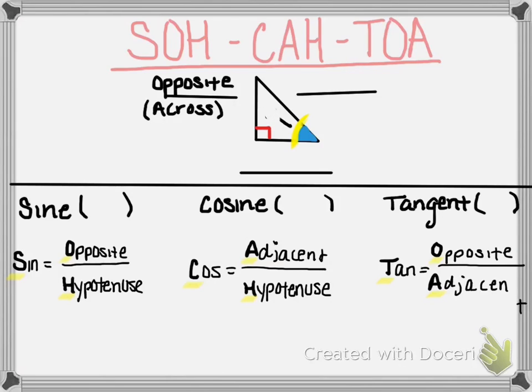Now that I have my opposite side, I can identify my hypotenuse because that's across from that 90-degree box. It's also my longest side, so this guy over here is my hypotenuse. Even though there are no numbers to show that it's the longest side, it does look like the longest side. It's also across from that 90 degrees.